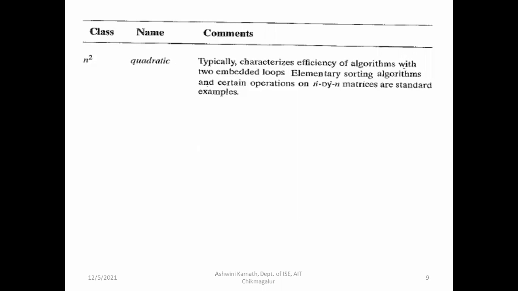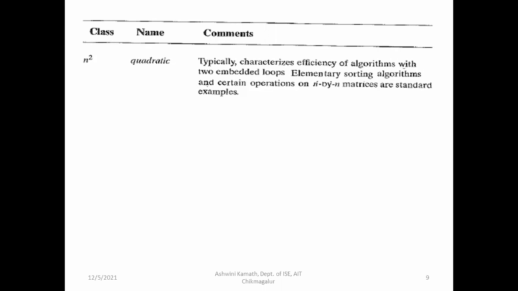Embedded loops means nested loops, one loop within another loop, for example a for loop with i followed by a for loop of j. So when we have two embedded or nested loops, usually we'll get efficiency n square.